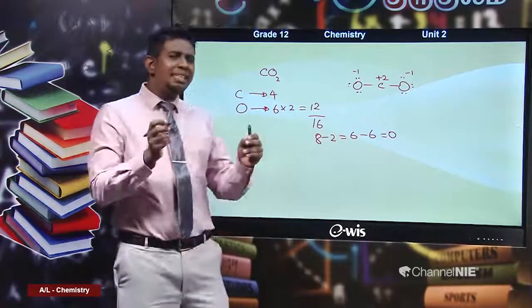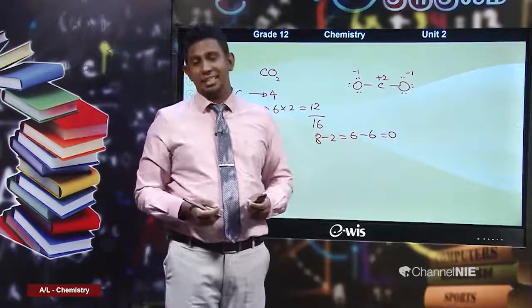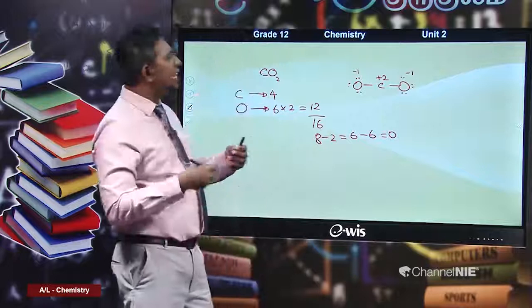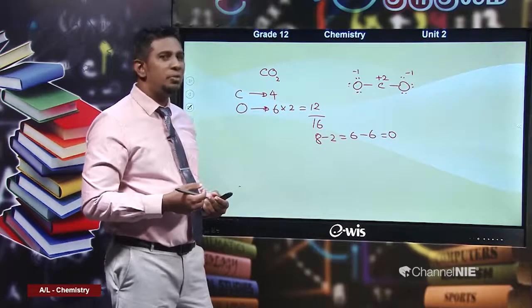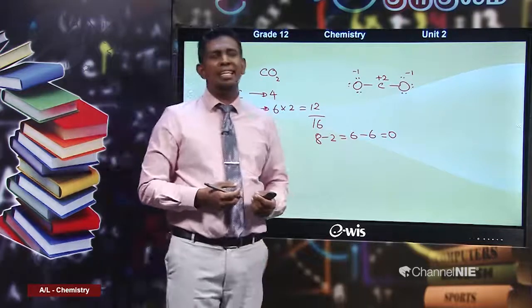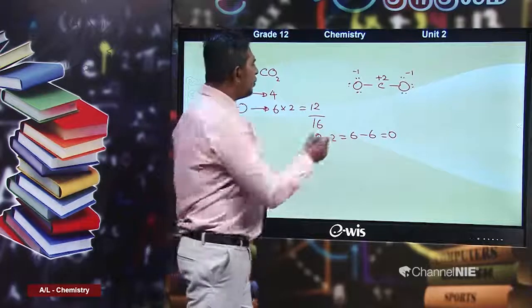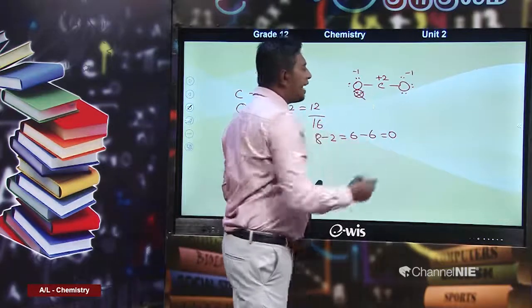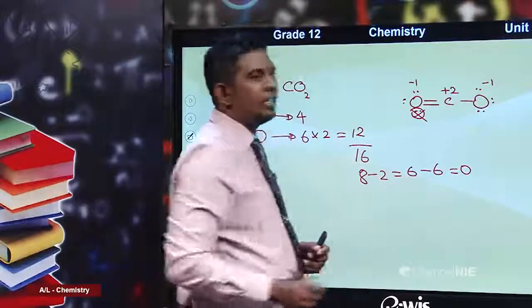Then next is the rearrangement of electrons, minimizing their formal charges. How could we do that? Students, you could easily try that by drawing dative bonds. You use this pair of electrons on oxygen, erase it, and use it in a dative bond.